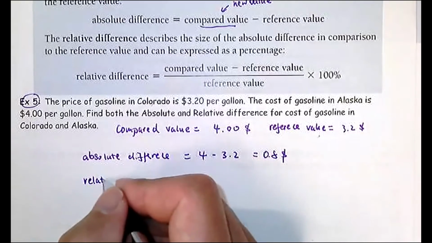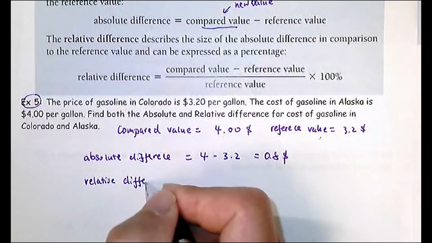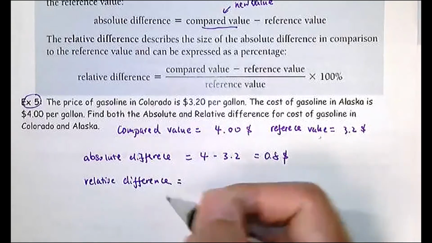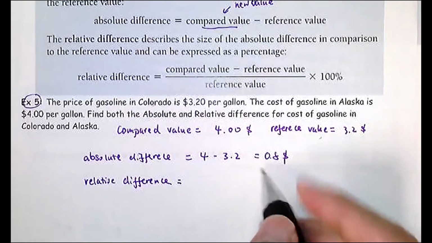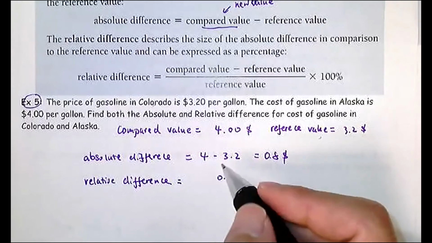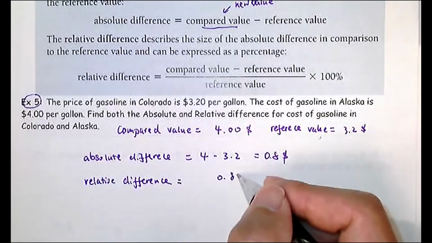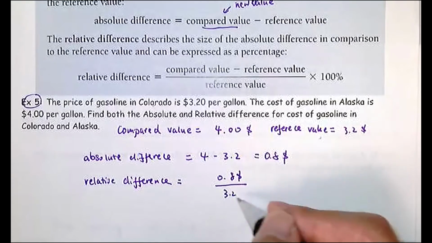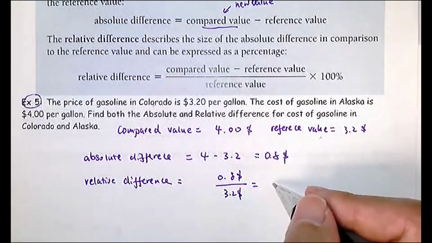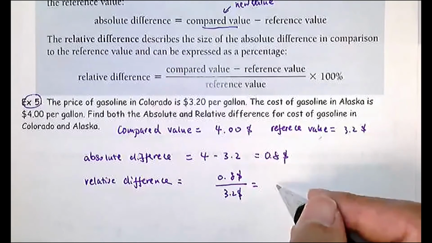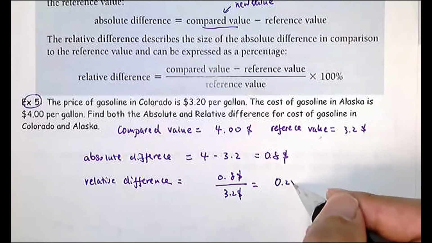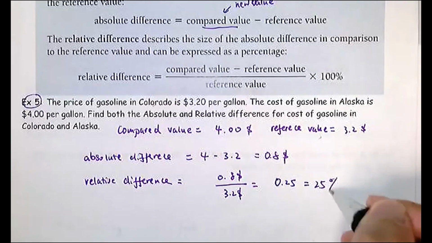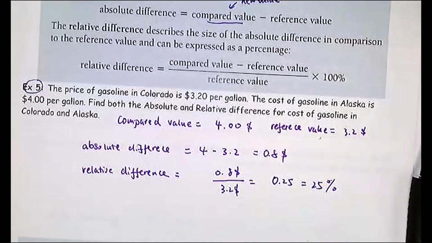Relative difference equals the absolute difference, $0.8, divided by the reference value, which is $3.2, which is 0.25. Very good, or 25%. That's it. Does anyone have any question?